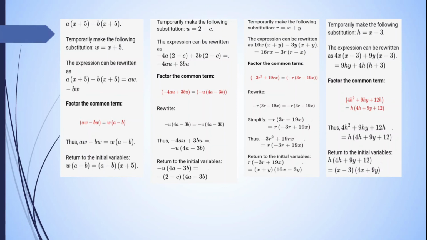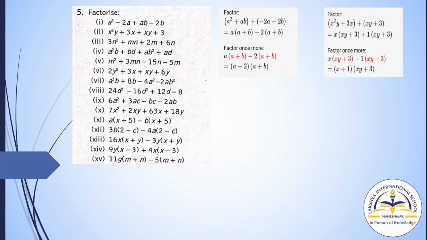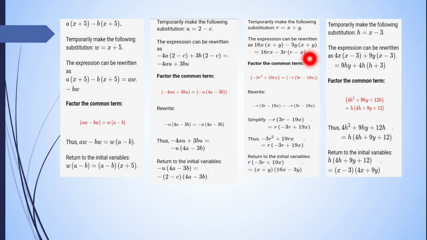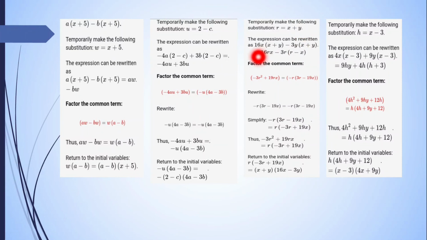Now in the 13th question, that is 16x(x plus y) minus 3y(x plus y). Now here you have to consider x plus y as a variable, any variable you can take. Here we have taken r equals to x plus y. Now in the given expression, 16x(x plus y) minus 3y(x plus y), we have considered r equals to x plus y. So first we will write 16x.